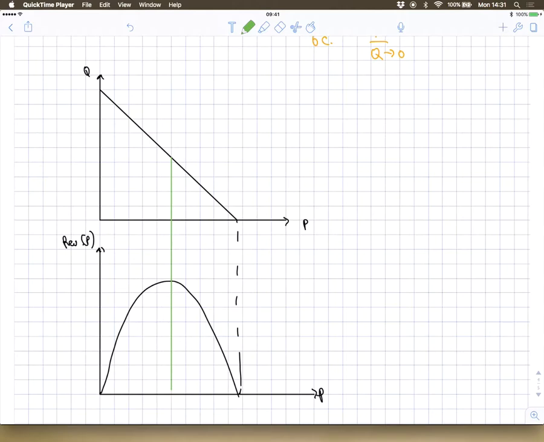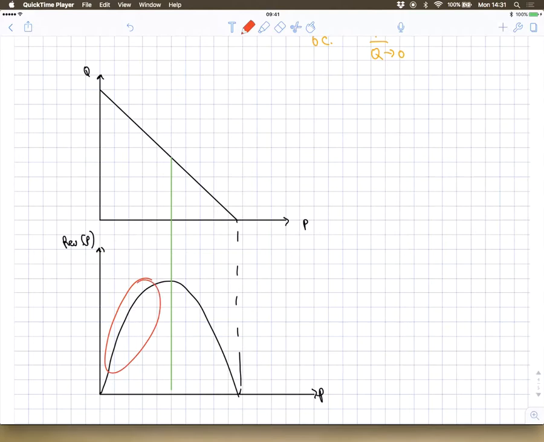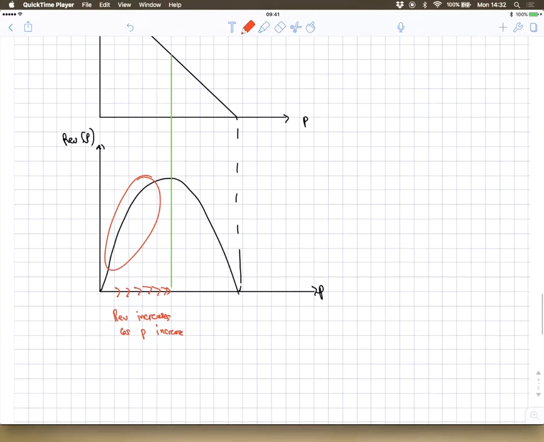what do you know about revenue? What happens to revenue if you are on this section here? If you're on this section here and you increase price, what happens to revenue? Revenue increases as P increases. What does that mean?